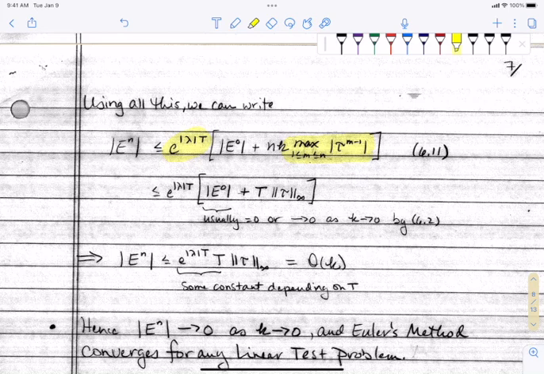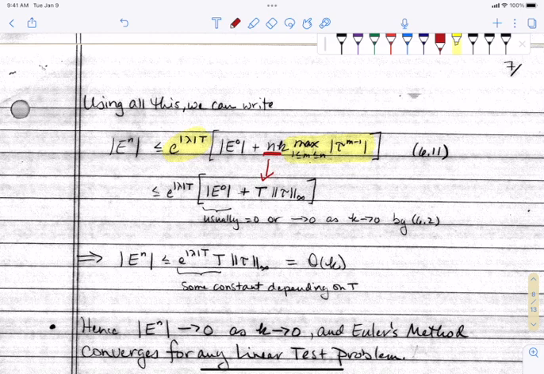And remember when that n times k comes out, that's really capital T, right? Less than or equal to that capital T, since n is some integer getting us between 0 and our last time step.